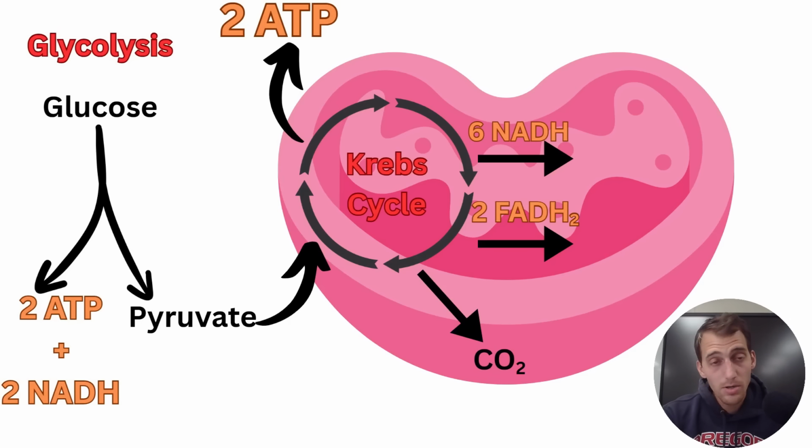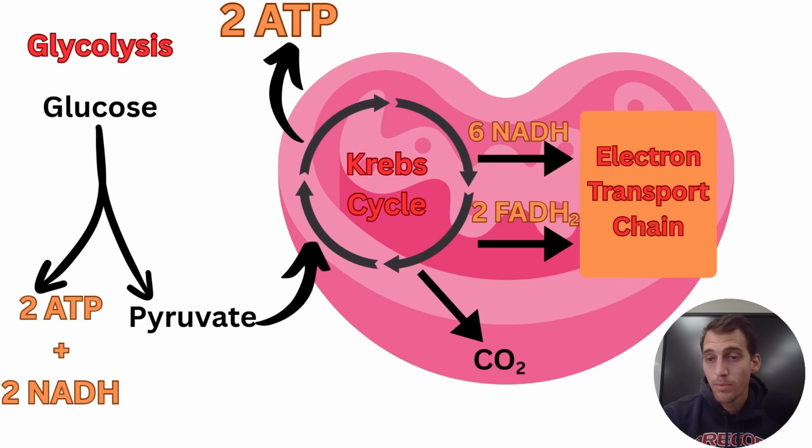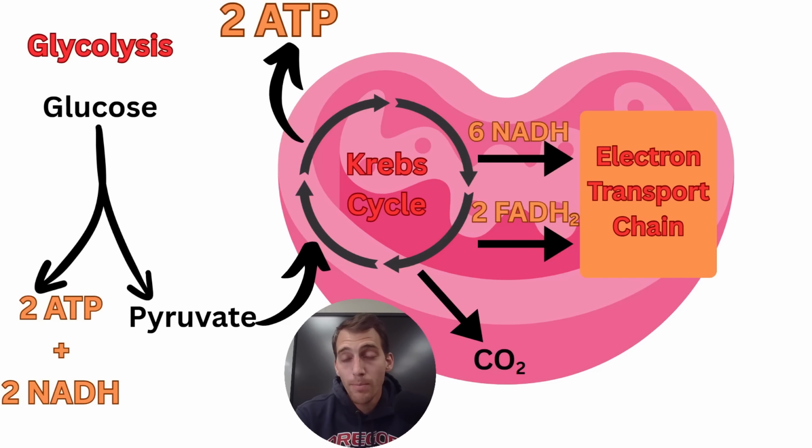This occurs cyclically so long as there's pyruvate being provided by glycolysis, and it occurs in the mitochondrial matrix, inside the inner membrane. The main thing we're producing here, like I said, is the electron carriers NADH and FADH2. And why is that important? Because we are starting the world famous, ever so important mitochondrial electron transport chain.